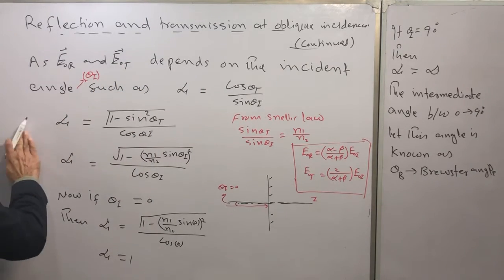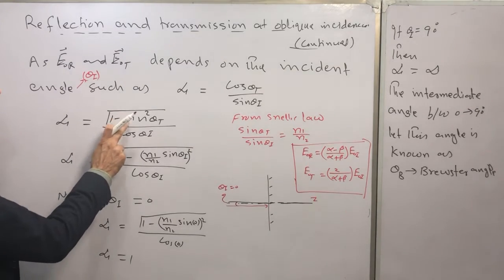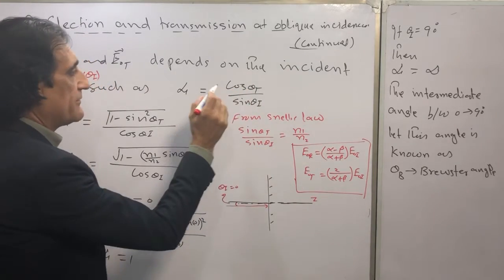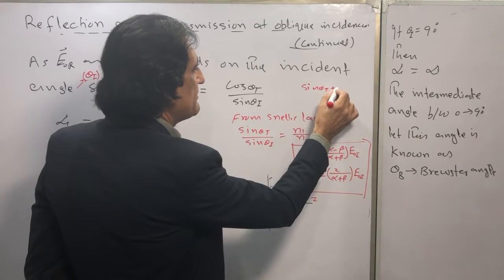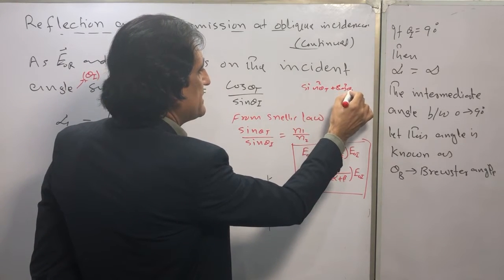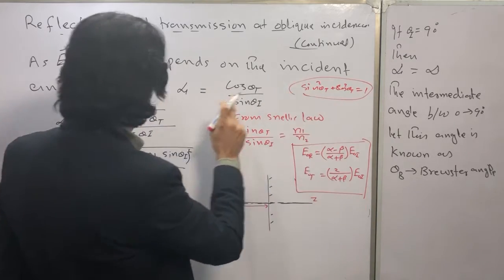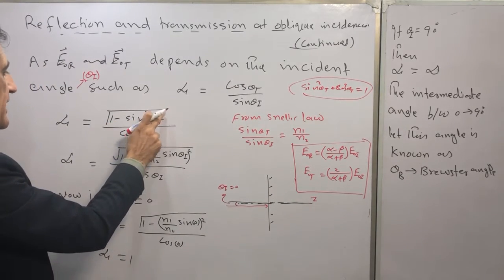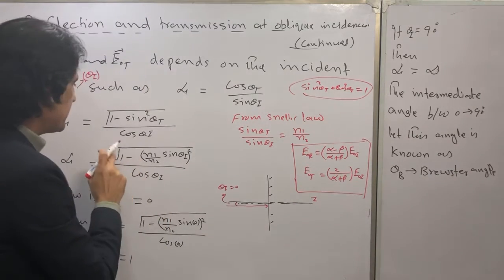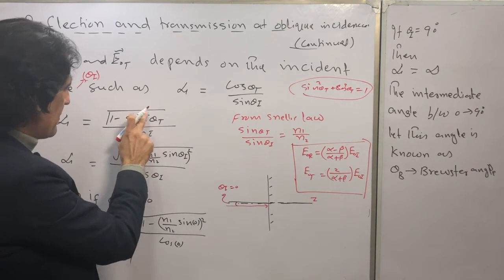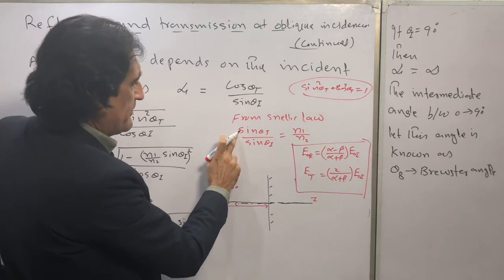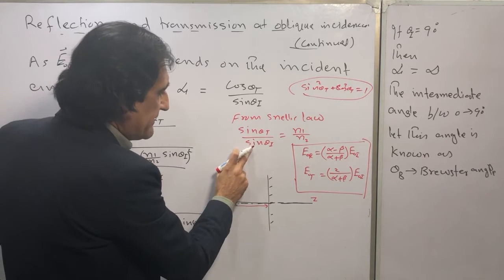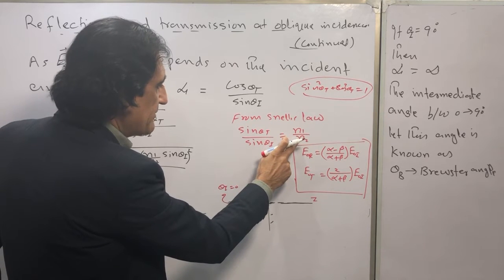And here alpha, we know about alpha, which is equal to cosine theta T divided by cosine theta I. If I consider this cosine theta T, and write down sine square theta T plus cosine square theta T equal to 1, from this relation I can find cosine theta T, which is equal to the square root of 1 minus sine square theta T. And further, this sine theta T from Snell's law: Snell's law tells us that sine theta T divided by sine theta I is equal to n1 divided by n2.